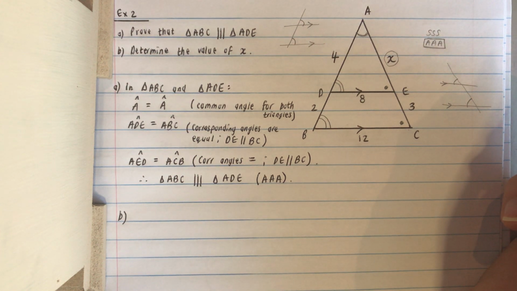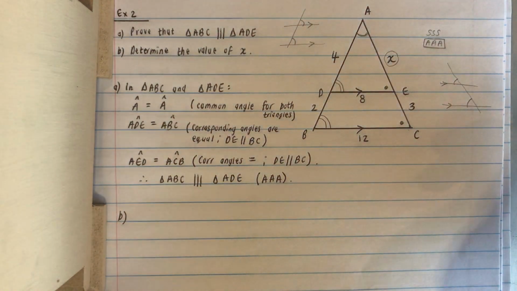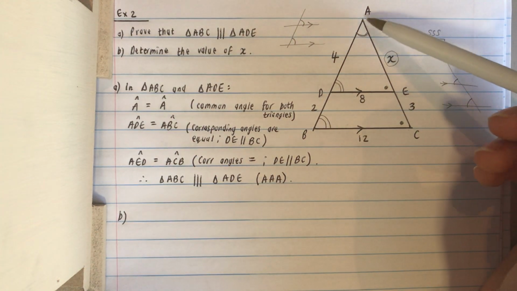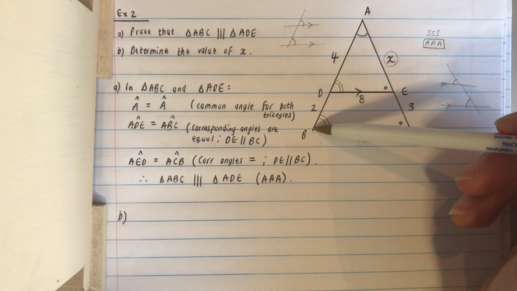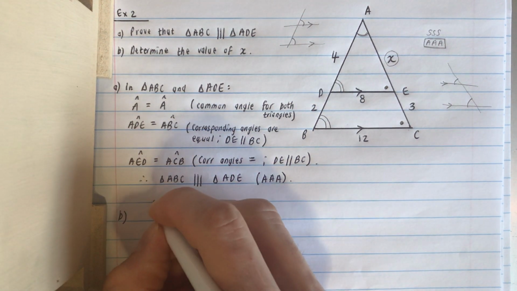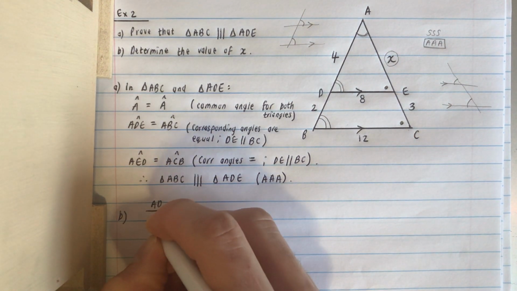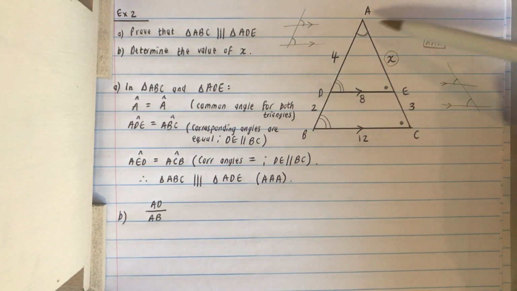So what we need to do is find the corresponding sides. So one would be AD and AB. So let's say AD over AB. Can you see that they are corresponding sides?